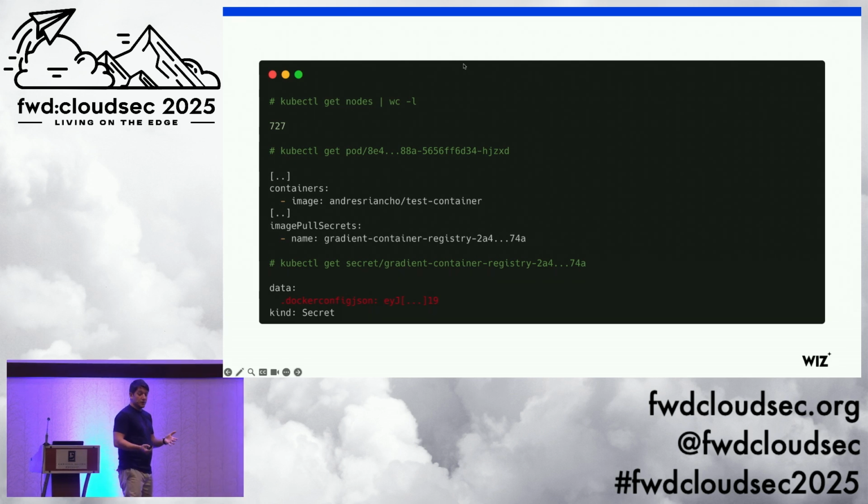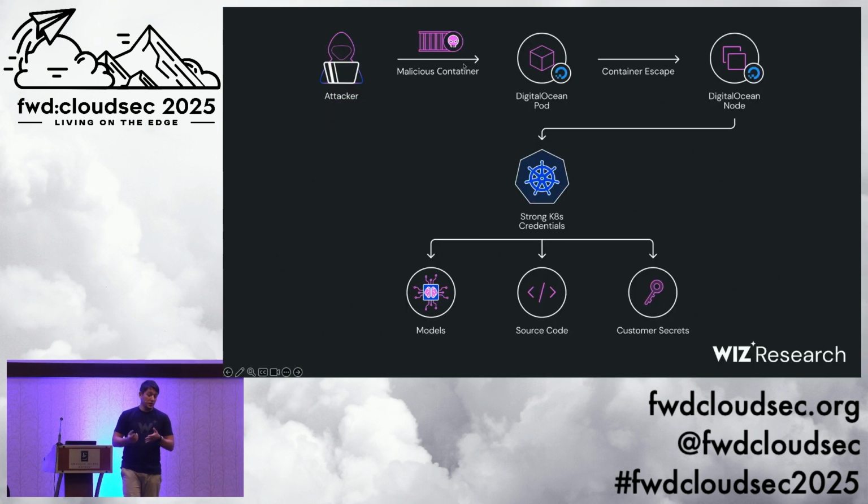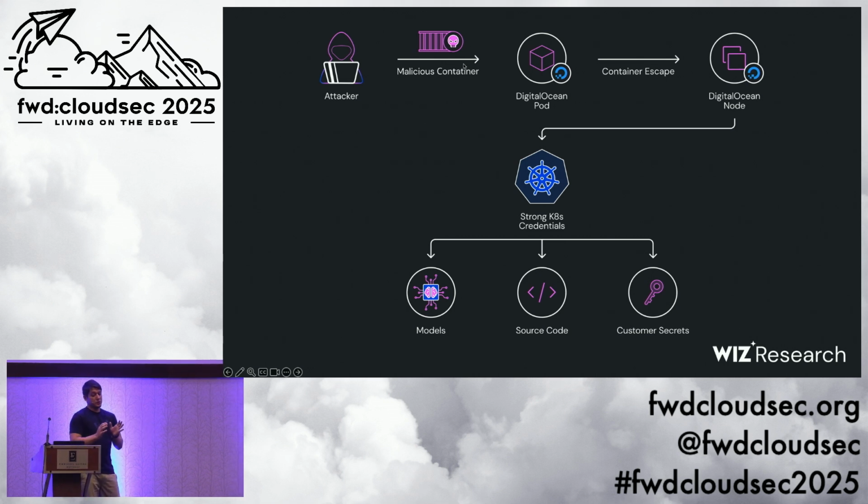So this could be considered a full service compromise. We started from a malicious container. That malicious container was pulled by the Kubernetes cluster, and a pod was created. Because of the container escape vulnerability, we were able to move into the node.